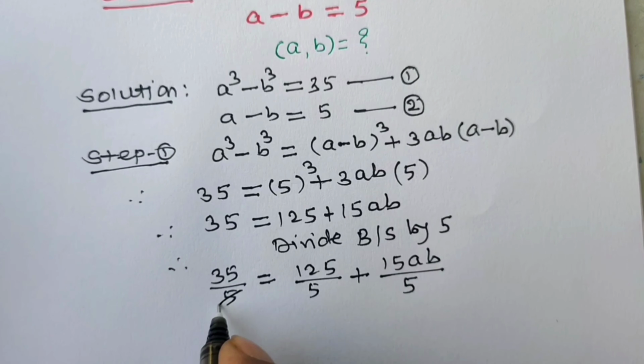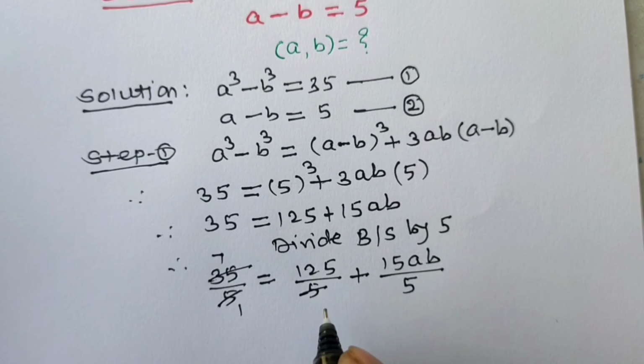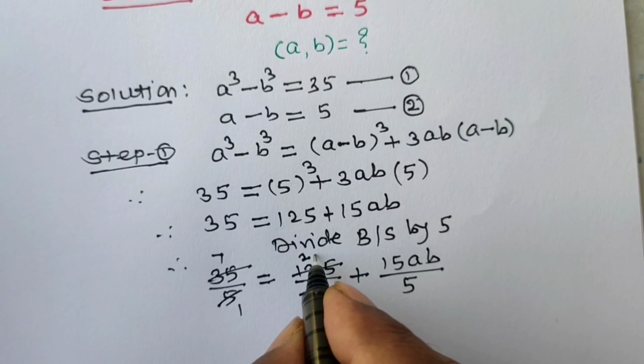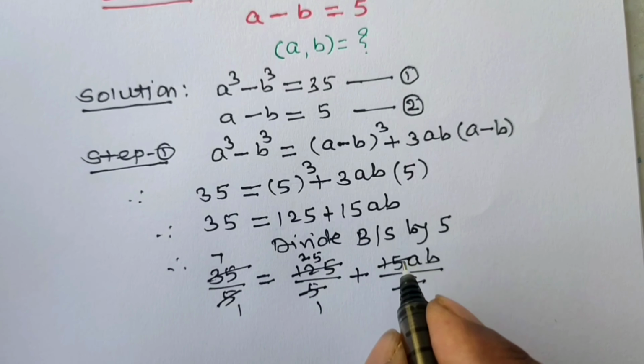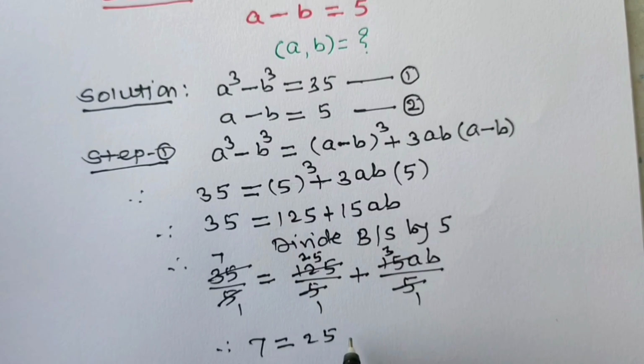This gives 5 1s are 5, 5 7s are 35, 5 2s are 10, 5 5s are 25, 5 3s are 15. Hence, this equation can be written as 7 is equal to 25 plus 3ab.